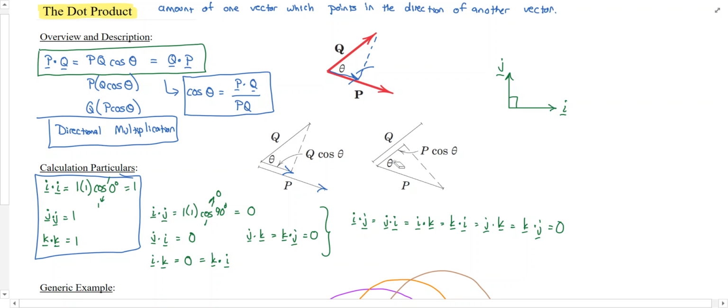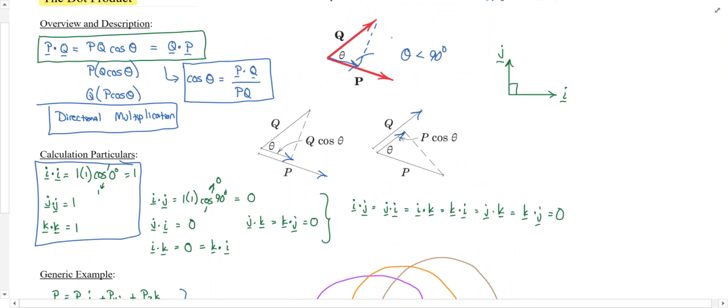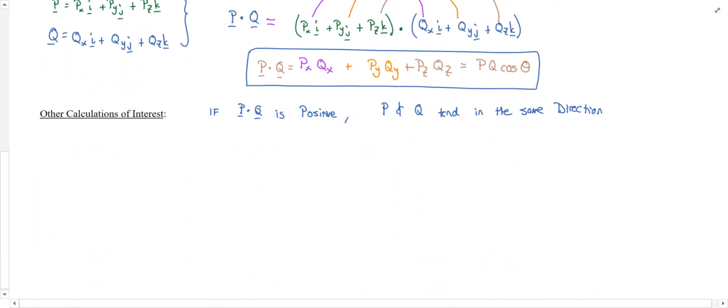If you take P cosine theta, the part of P in the direction of Q, then the arrows point in the same direction. The two vectors point in the same direction as one another, at least along the direction of one relative to the other. That means really that theta is less than 90 degrees, because that's when cosine of theta is positive.